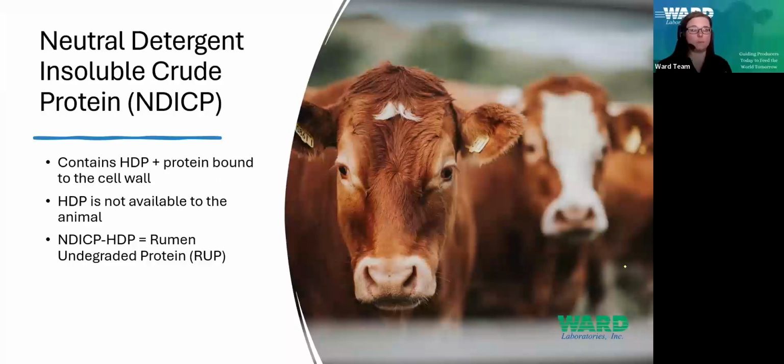So that's all the crude protein that's adhered to that neutral detergent fiber. And they subtract heat damage protein, and they use that as the estimate of the rumen undegradable protein. So that's rumen undegradable protein, the protein that passes through the rumen and goes straight to the small intestine to be digested and absorbed. Of course, after going through the abomasum and everything like that.